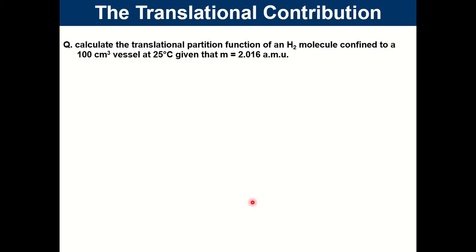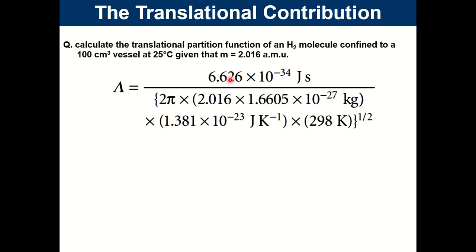So this is one example where it is shown how you can calculate the translational partition function. So for hydrogen molecule, if you are asked to calculate, given these other things here, 100 ml vessel at 25 degrees C with a mass of H2 molecule as given over here, 2.016 AMU. So simple, you put the formula first, evaluate this lambda, that is the thermal wavelength.